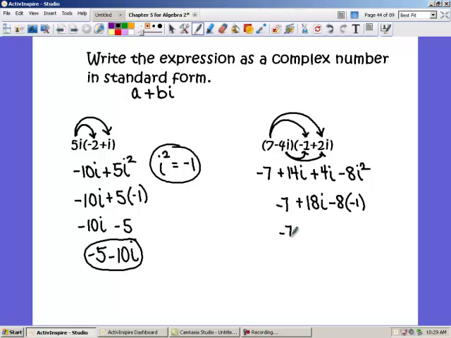And now I'm going to multiply negative 1 times negative 8, which will give us a positive 8. And now I just have negative 7 plus 8. And that's going to give us a 1. And we want to double check, is it in the form a plus bi? Yes, it is. Here is our answer.